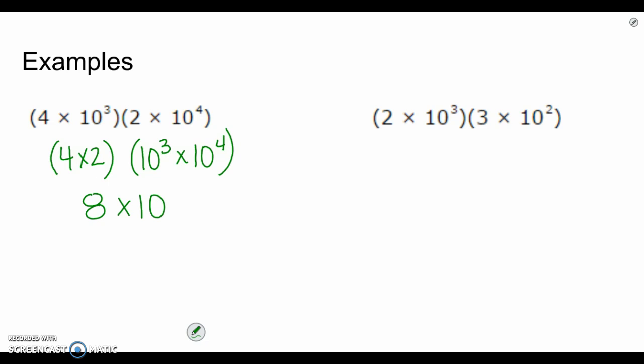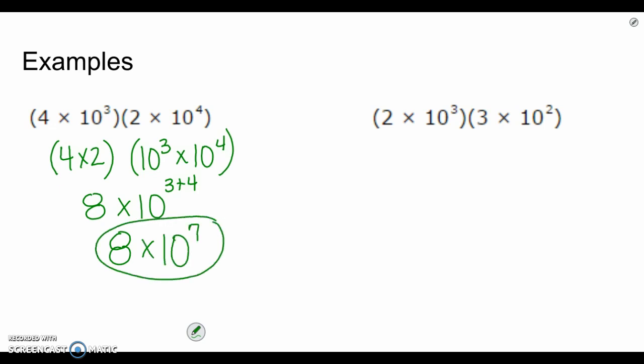Again, since we are multiplying, we're going to add our exponents together. So that will be 3 plus 4. So that's going to give us 8 times 10 to the 7th power. Go ahead and pause the video and work on the second one on your own.